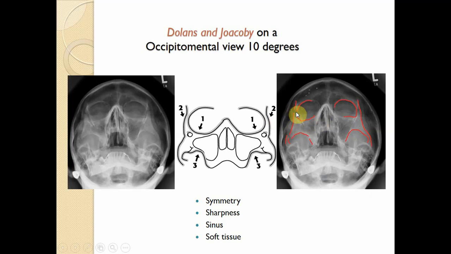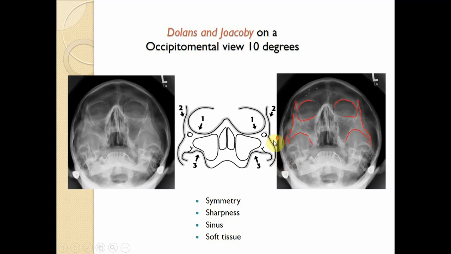We can see there is discontinuity at the frontozygomatic region, and there is discontinuity in the zygomatic arch, like that. So that means there is discontinuity in this area, that is, the first line and the second line.